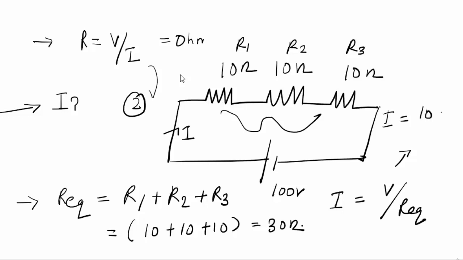The voltage is 100 and R equivalent is 30, so it will be 100 divided by 30, which will become something like 3.3 amperes. So this was again the second problem in which I applied Ohm's law.